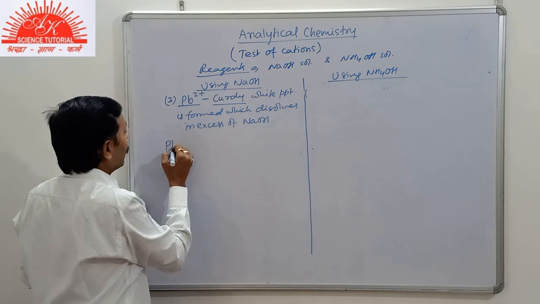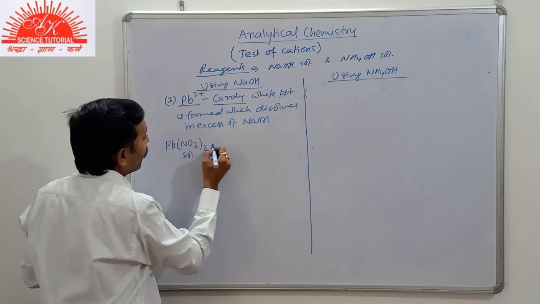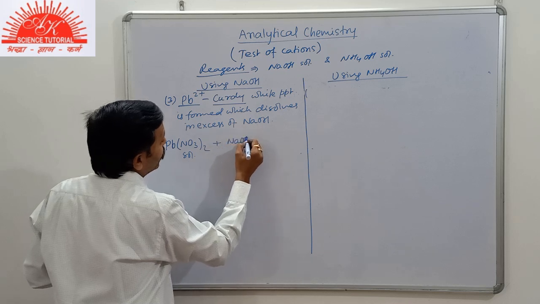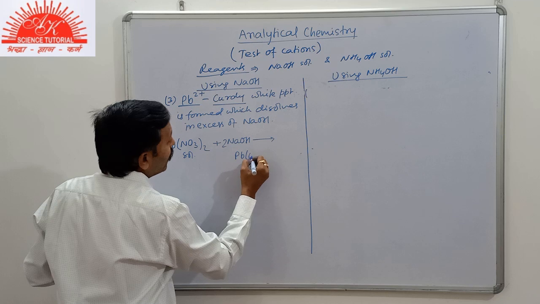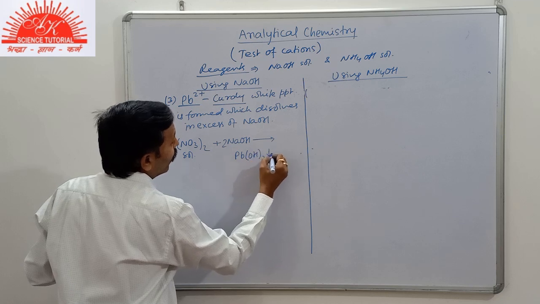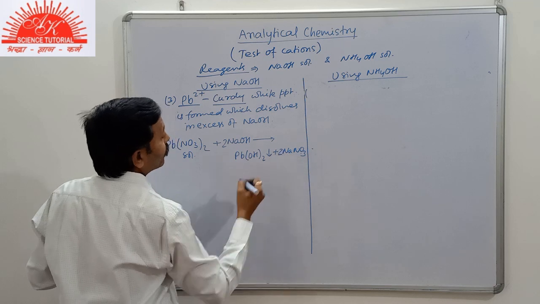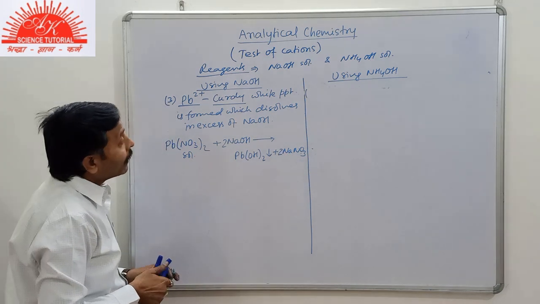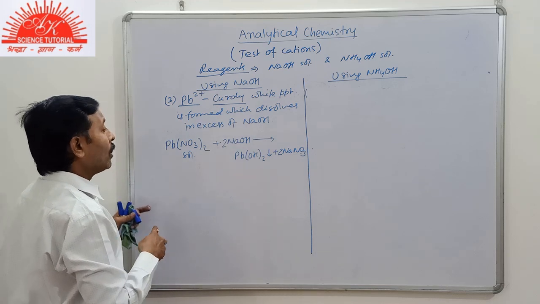So here it is lead nitrate solution plus NaOH gives Pb(OH)2 plus NaNO3. But as we have written earlier, it dissolves in excess of NaOH.